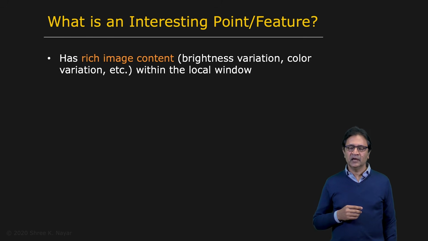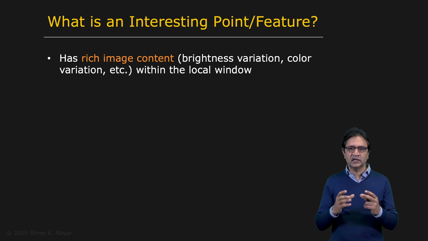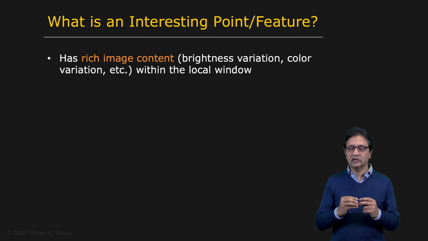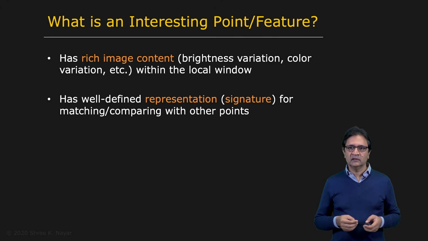Well, first, an interesting point has to have some rich image content around it. The local appearance around this point should be rich enough in terms of brightness variations, color variations, etc., that there is a certain amount of uniqueness to it that can be exploited for matching purposes. Second, it should have a well-defined representation.